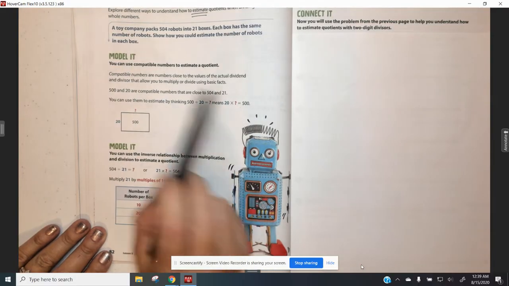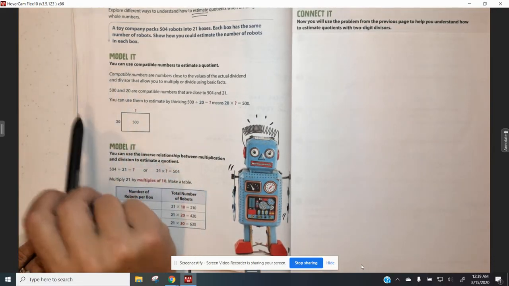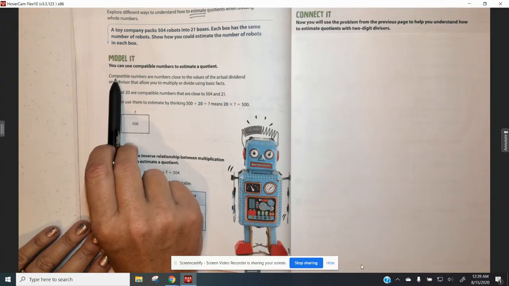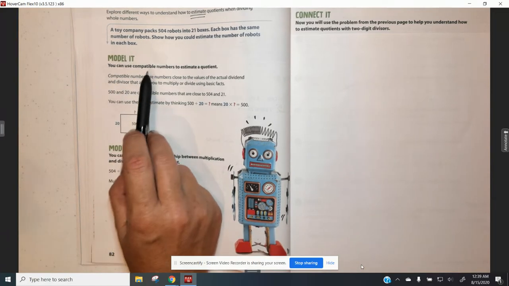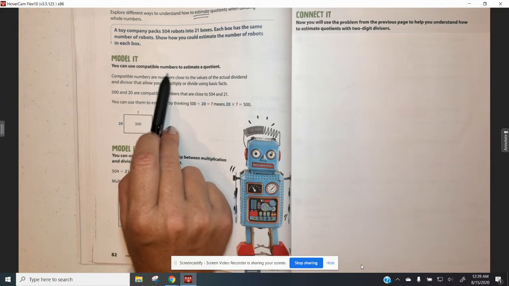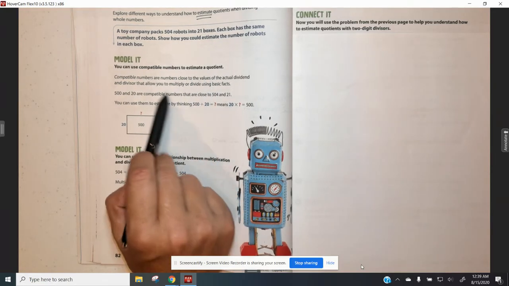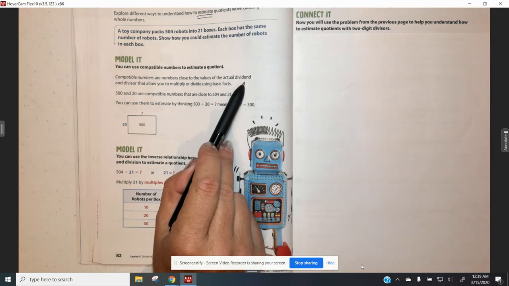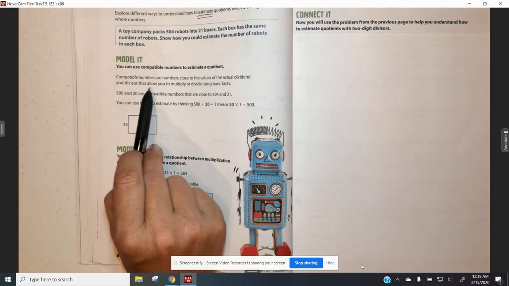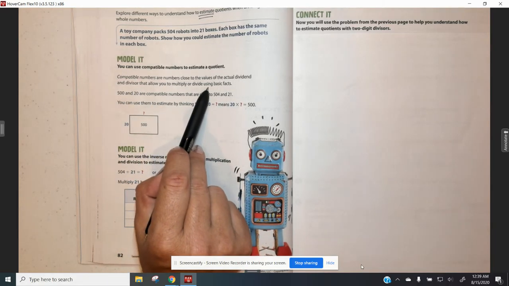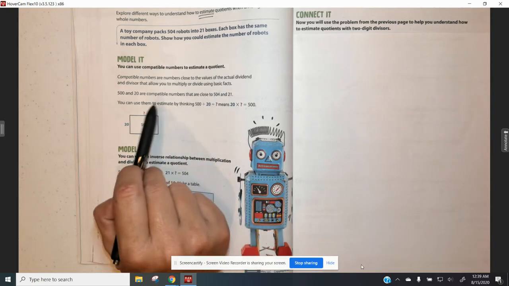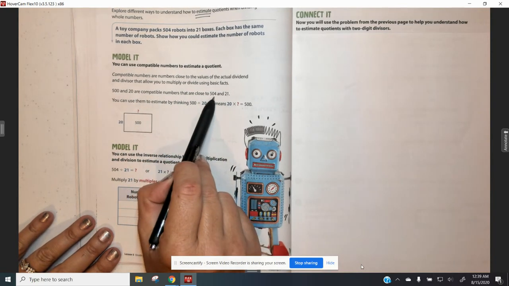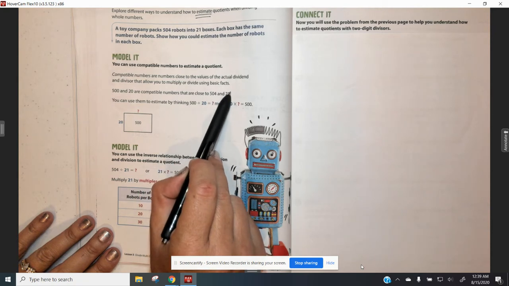So the first method you could do, which is the method that I used, kind of a combination of the two, is compatible numbers. You can use compatible numbers to estimate a quotient. Compatible numbers are close to the value of the actual dividend and divisor that allow you to multiply or divide using basic facts. 500 and 20 are compatible numbers that are close to 504 and 21.